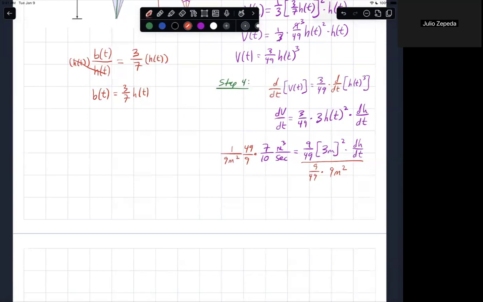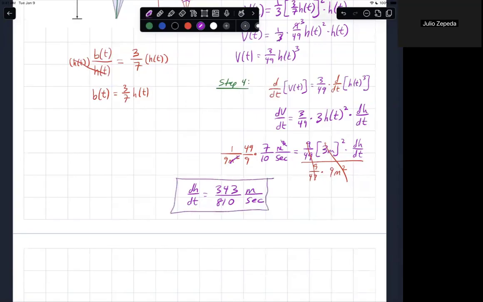All right, so everything cancels here and we get dh dt equals 49 times 7, I think it's 343, over 9 times 9 times 10, which is 81 times 10, 810. And then square meters cancels out, leaving us with meters per second, which are the correct units for the rate of change of the height with respect to time. And so this is our numerical answer.